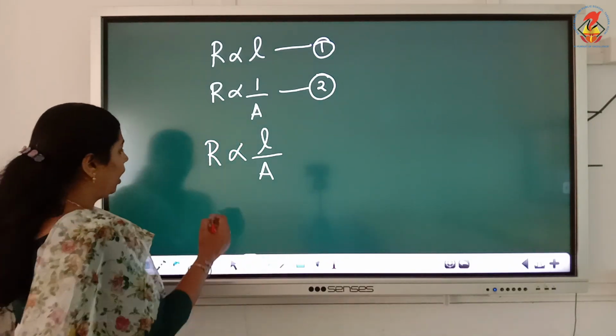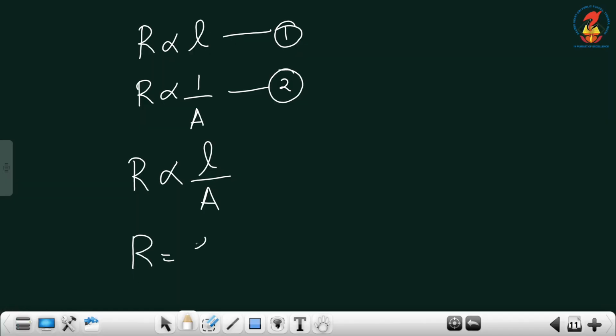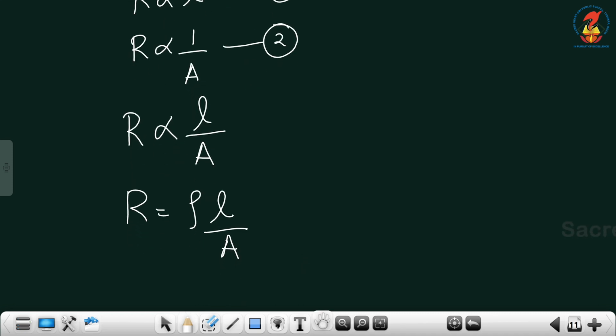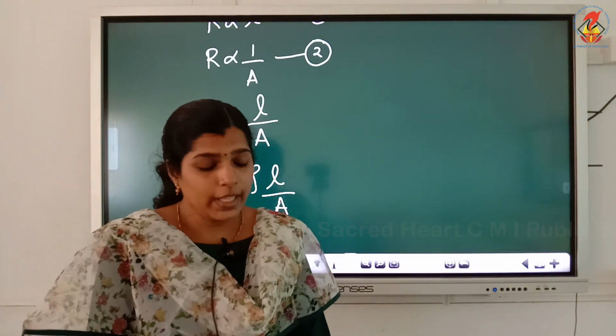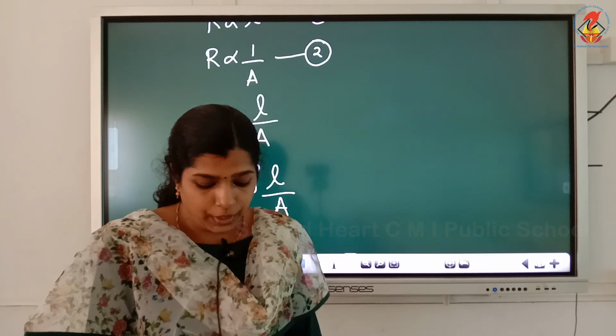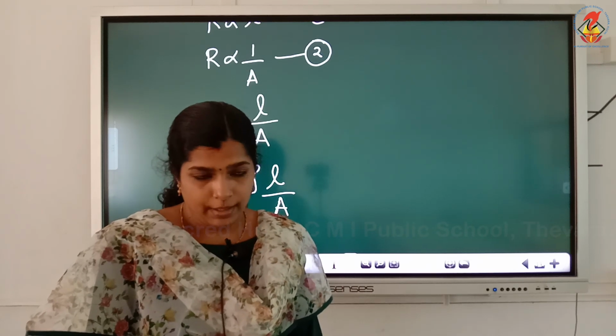That is R is equal to rho L by A, where rho is the proportionality constant and it is known as the resistivity of the material.